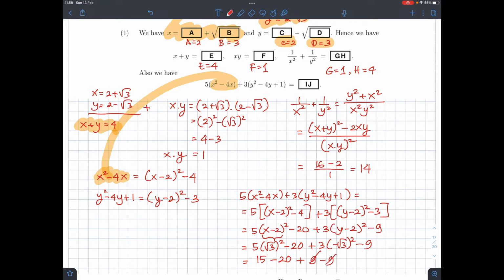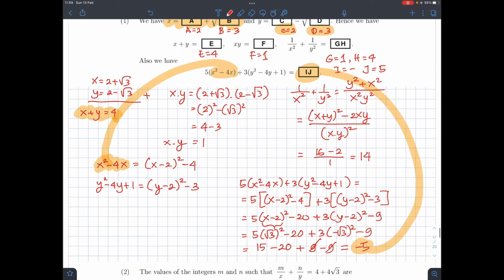This is cancelled, so we get the final answer minus 5. You put it here, yeah. Okay, so you get I becomes negative sign and G becomes 5. Okay, you have completely answered the first part of question 1.